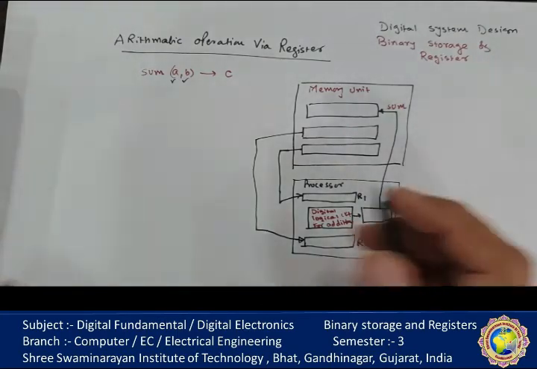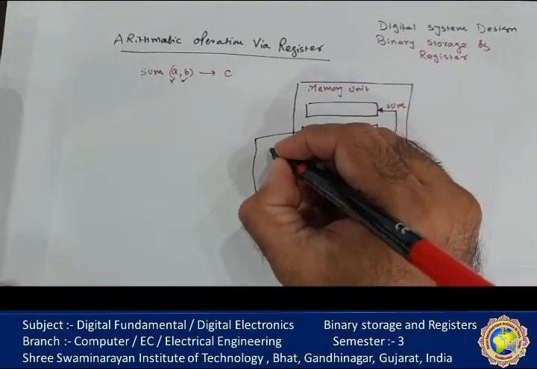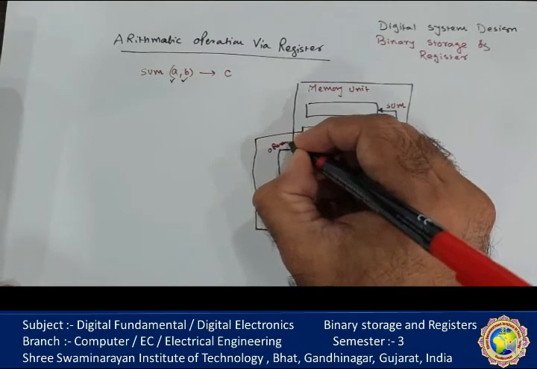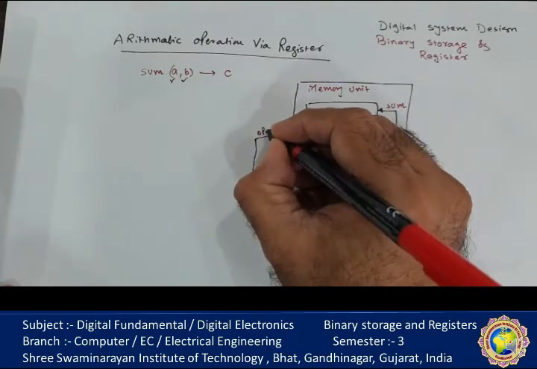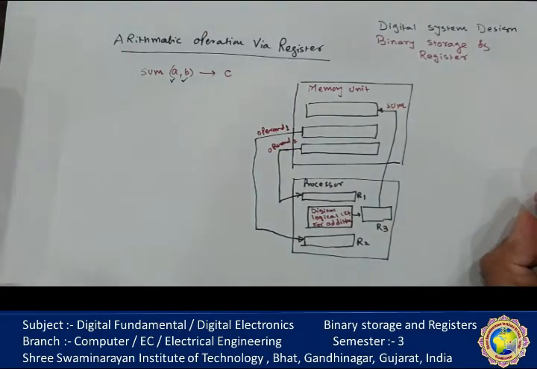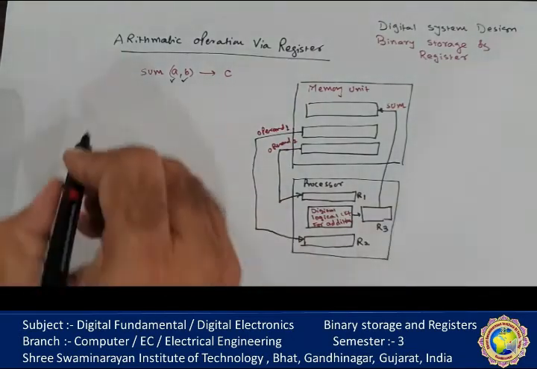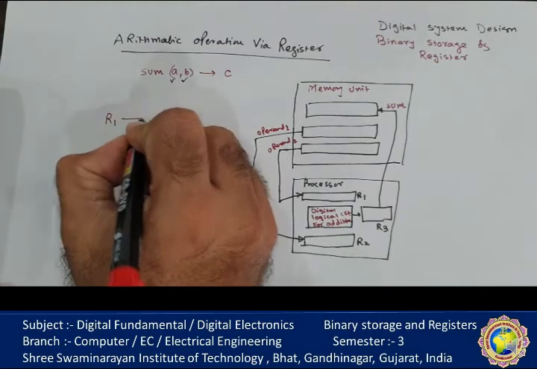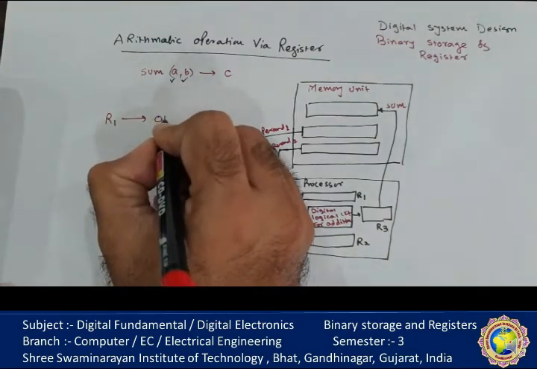Whatever my operand 2 and operand 1 are, the first step is that register R1 contains the operand 2 data.